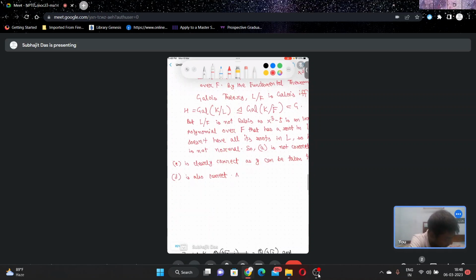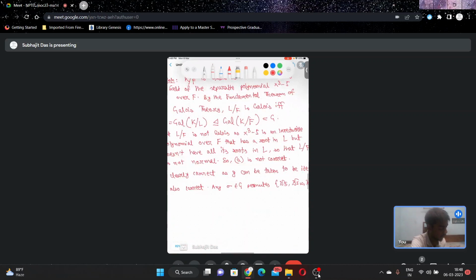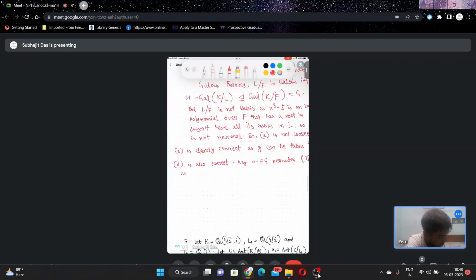So any sigma in G permutes the set cube root of 5, cube root of 5 omega, cube root of 5 omega square, right? And sigma permutes omega and omega square.